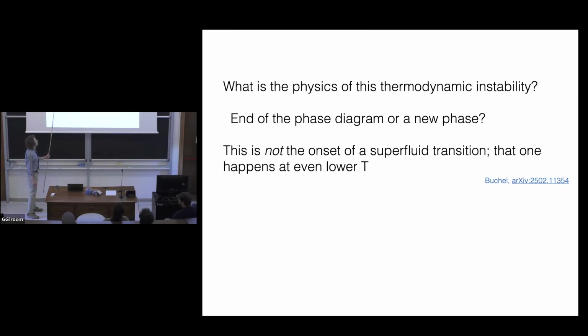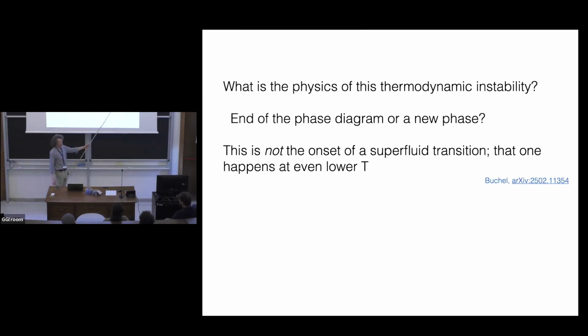Now, this is actually not the onset of a superfluid transition. Often in holographic models, you have the phenomenon of holographic superfluidity or superconductivity, which is natural. They have bosons at finite chemical potential, and they want to condense. But this is not what is happening here, because these superfluid transitions in holography are mediated by complex scalar fields in the bulk, but there are no complex scalars here. There are only real scalars.